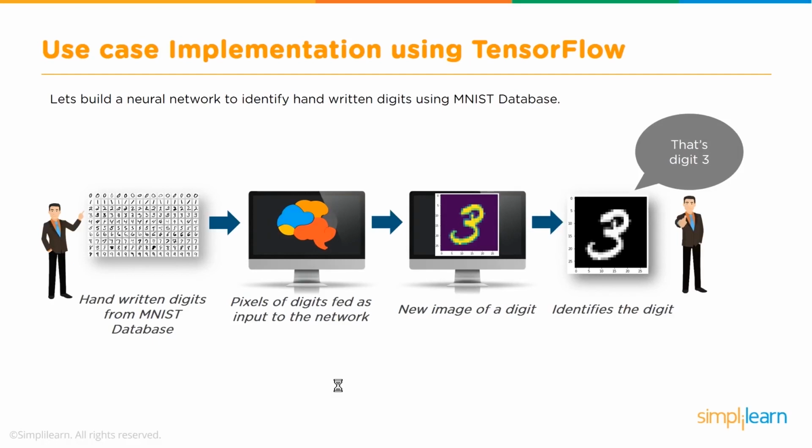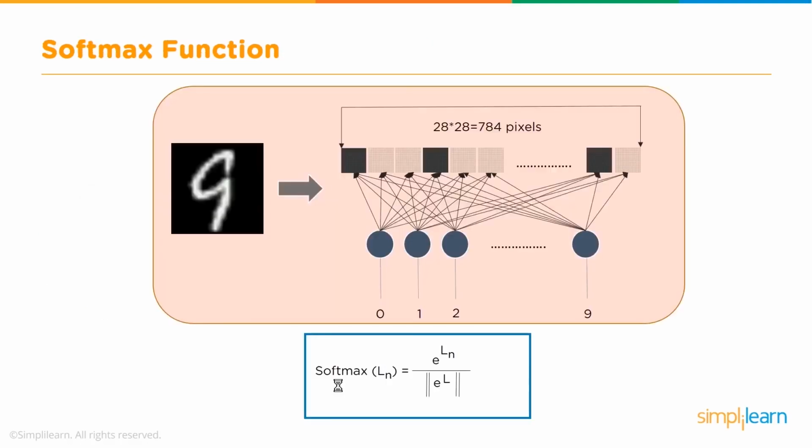So an image is nothing but an arrangement of pixels. And the value of the pixel is either lit up or it is not, or it may be somewhere in between. That's really how the images are stored and how they're fed into the neural network for training. Now, once the network is trained, when you provide a new image, it will be able to identify that image within a certain percentage of error, of course.